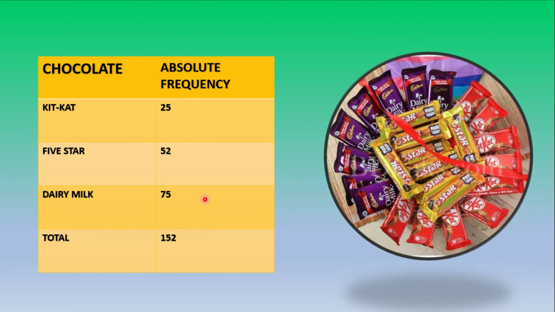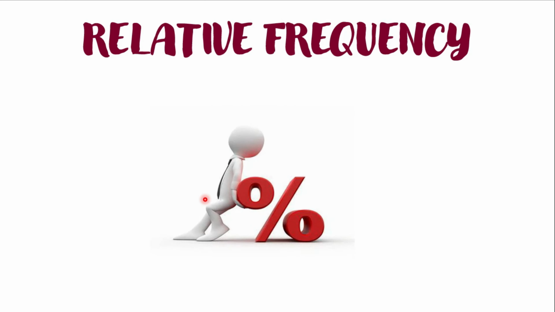The next one, relative frequency. Relative frequency is nothing but the percentage that is related to the absolute frequency. Let me come to the same example. In order to find out what percentage of Kit Kat is present, what percentage of Dairy Milk is present, what percentage of 5-star is present, we calculate relative frequency.